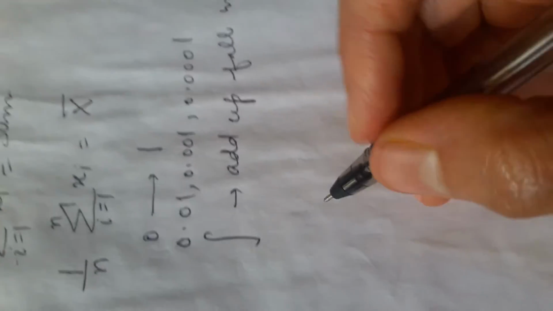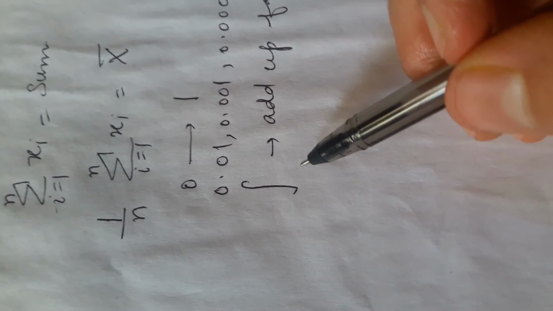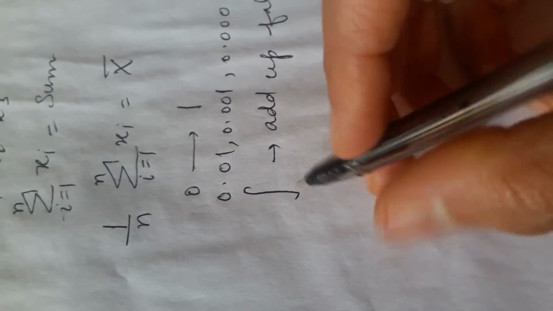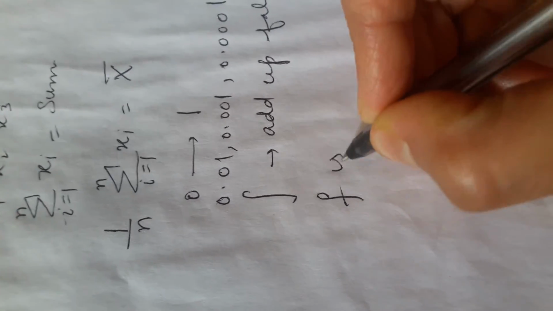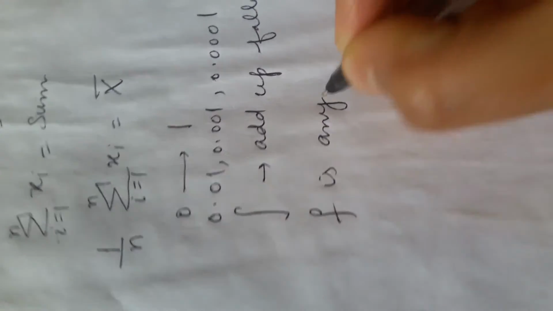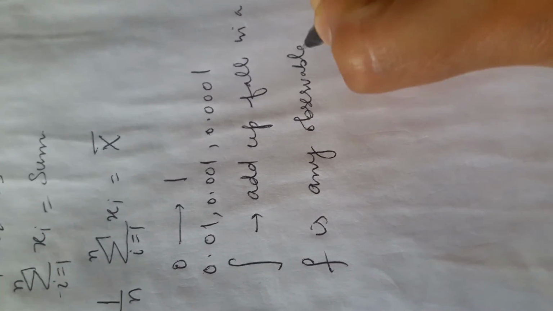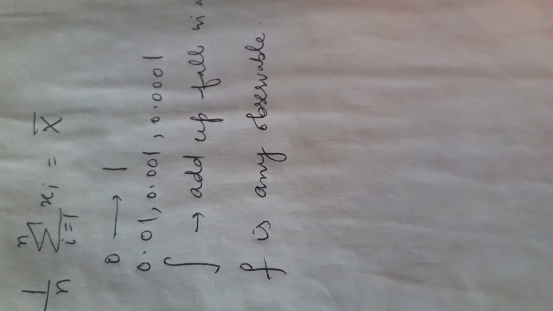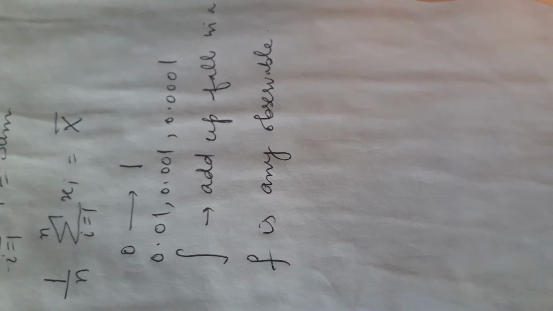In addition to that, what we want to improve is that if we have to find the average, the expectation value over here, we introduce a new definition, and that is if f is any observable, by observable again I am reiterating that observable means any measurable physical quantity, say position, velocity, momentum, kinetic energy, total energy, angular momentum, and so on.